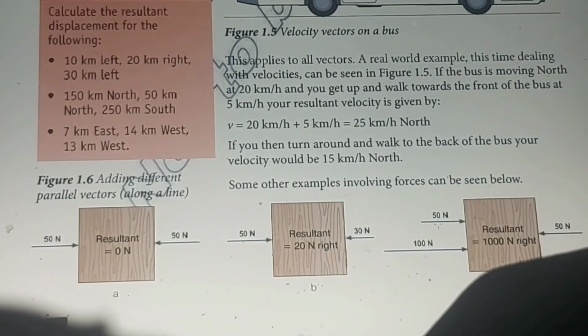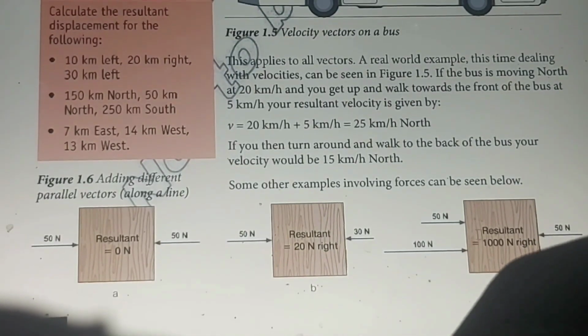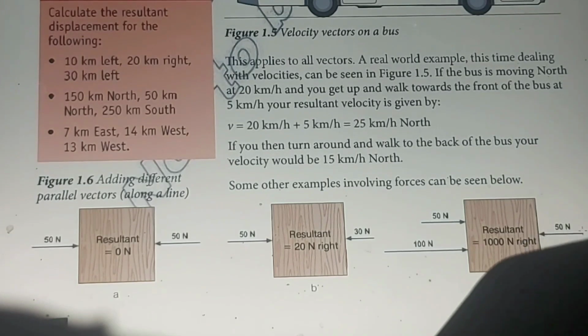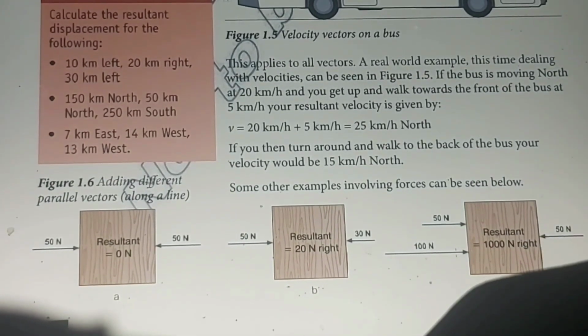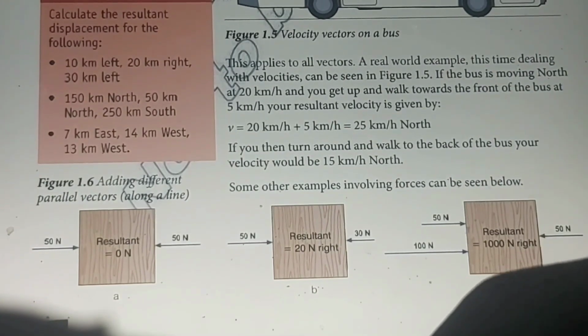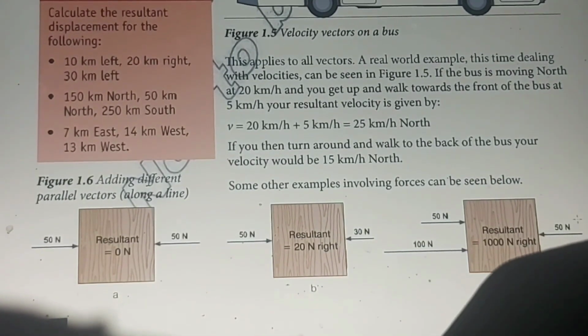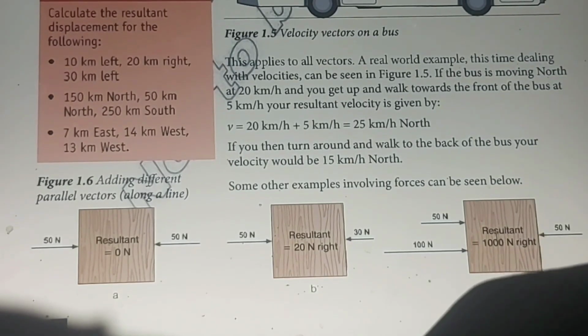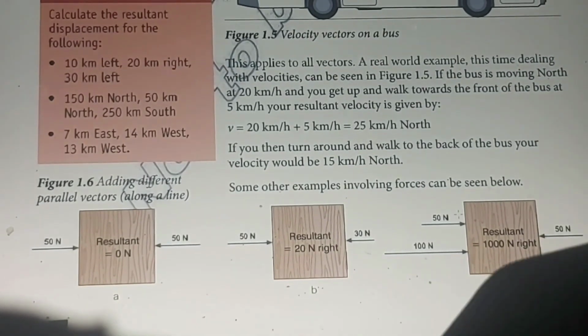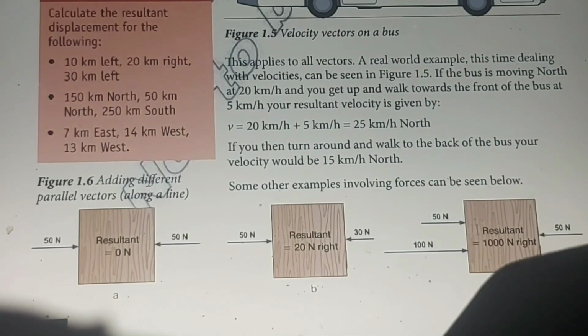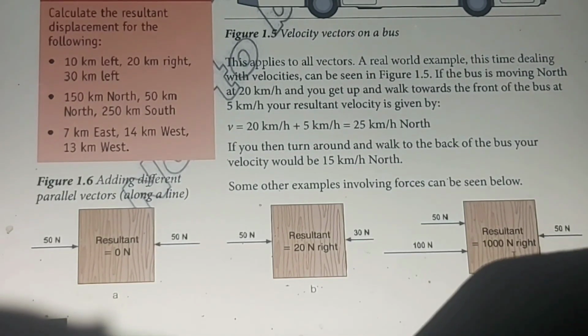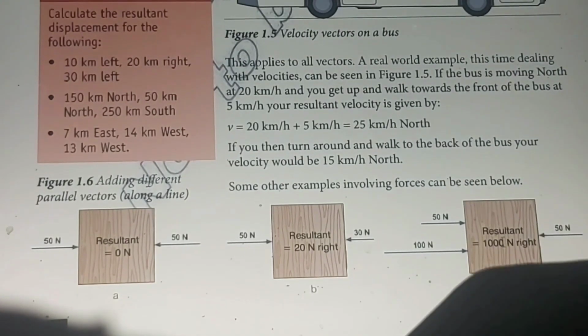So simply adding here, we have 150 Newton to the right. 50 Newton here is to the left. That means there is 150 Newton and 50 Newton, they are opposite to each other. When we subtract, we have 100 Newton to the right.